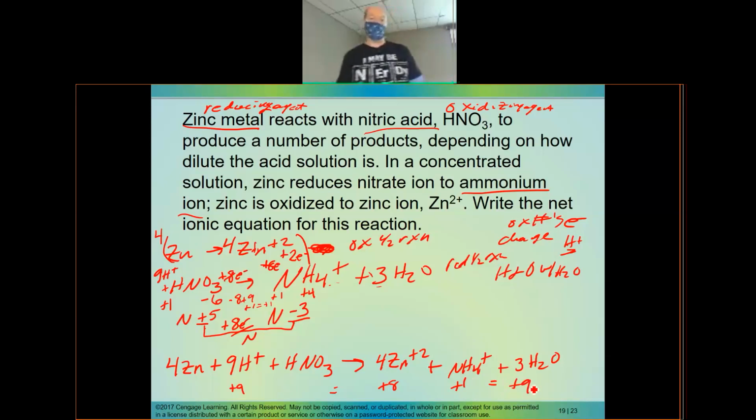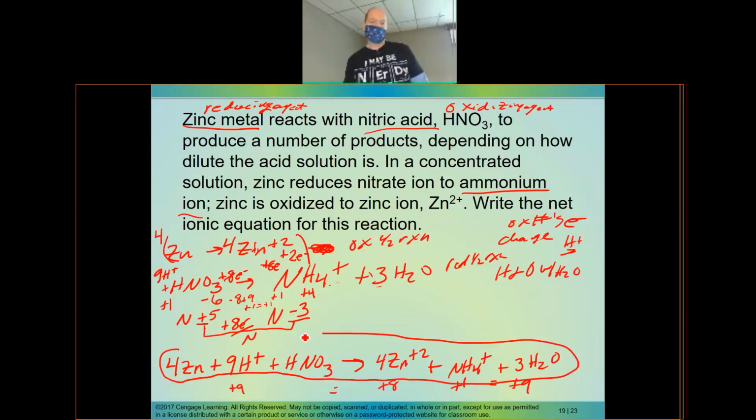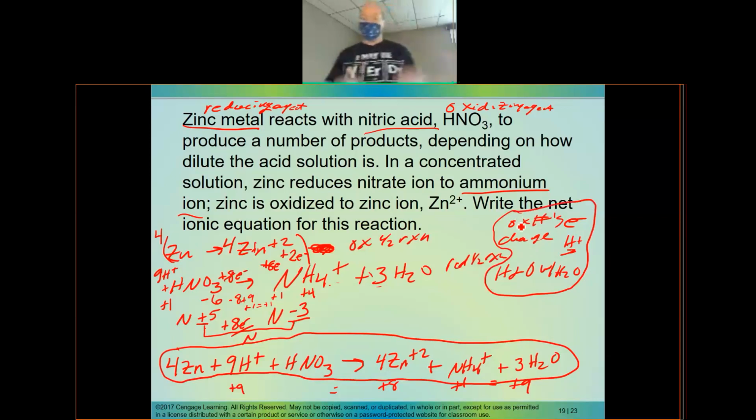So that is our balanced oxidation reduction reaction. All right, so you've got to follow the steps. Again, this is my order. This is the order that I believe everyone should do it in. Another order will get you the right answer.